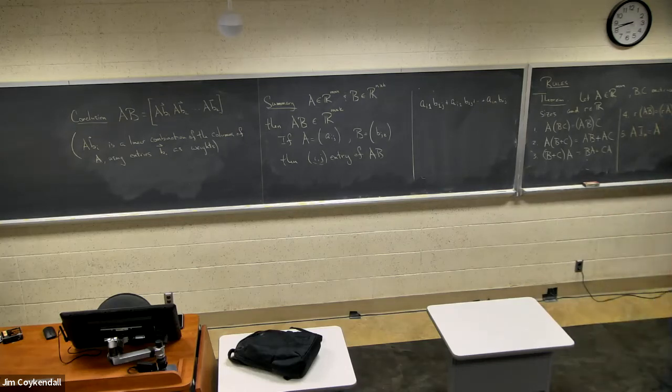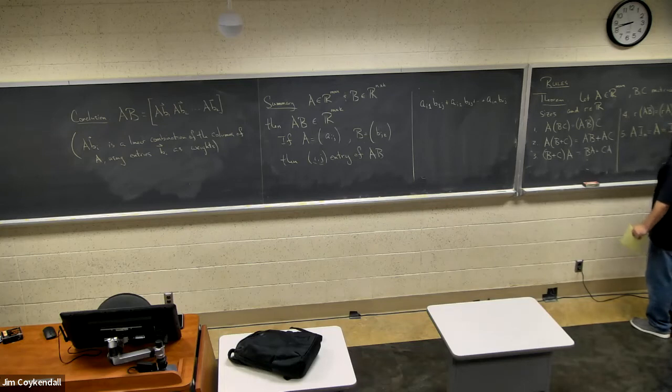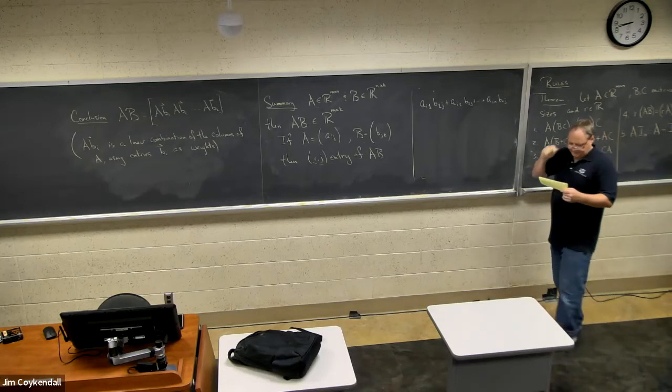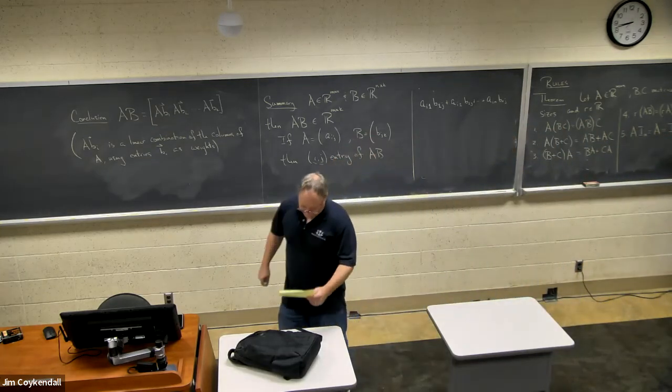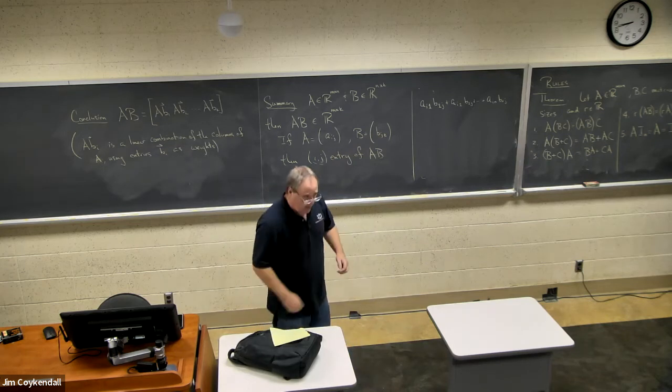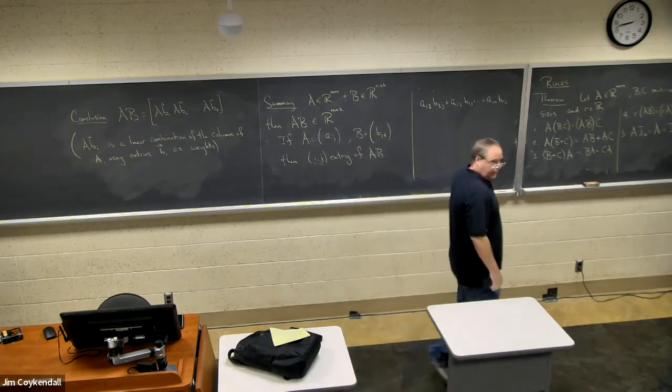If I multiply A on the right side by the n by n identity, I get A. And that's the same thing as if I multiply it on the left side by the n by n identity. Okay. Any questions?